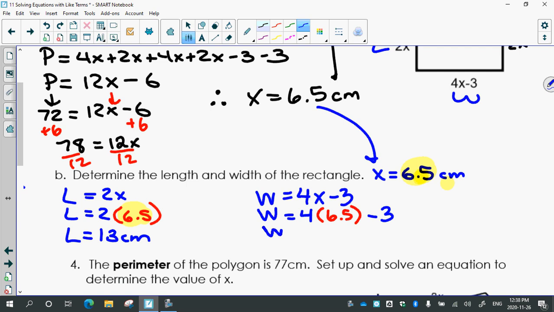So we'll do the multiply first. 4 times 6.5 on my calculator, and you get 26. Minus 3. And then 26 minus 3 is 23 centimeters. So the width is 23 centimeters, and the length is 13 centimeters. Okay?